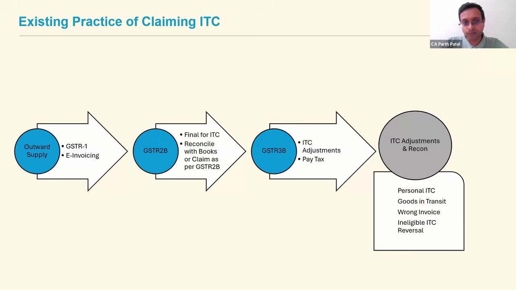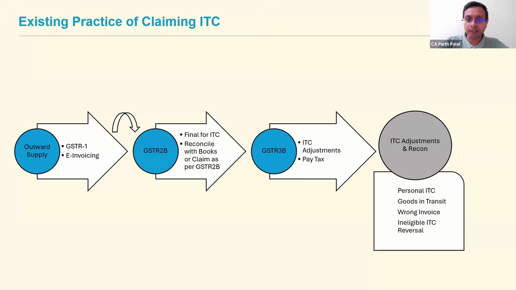Whatever GSTR1 is filed or invoices are generated, that data gets transmitted to GSTR1, and in turn, that entire data is transmitted on the 14th of the month to the GSTR2B return. So we consider GSTR2B return as the final return for claiming ITC. Now, once we get the GSTR2B, we reconcile with the books, or in some exceptional cases, we claim all the credits as per GSTR2B, and then we go for ITC adjustments and pay taxes.